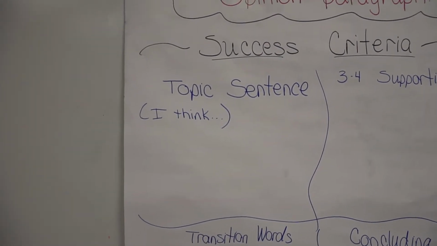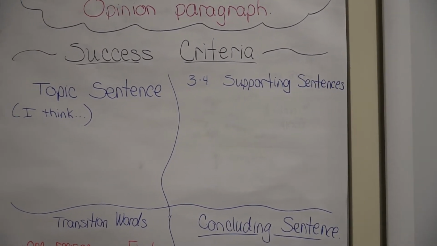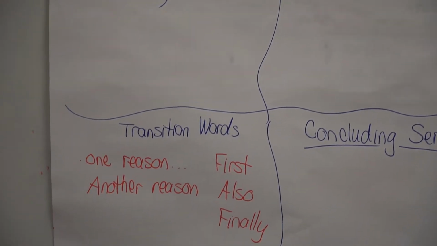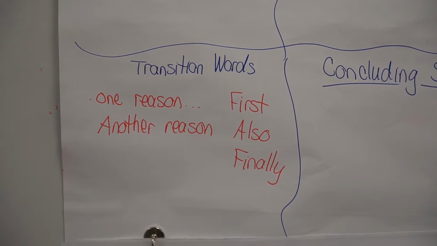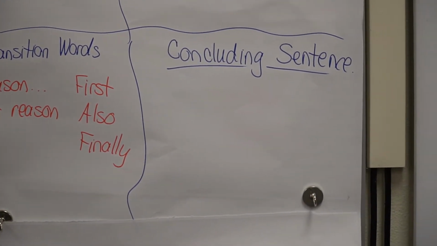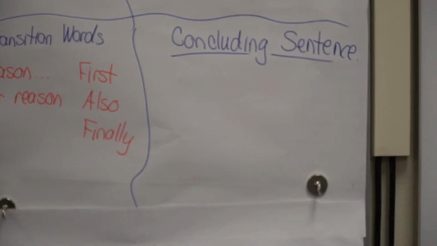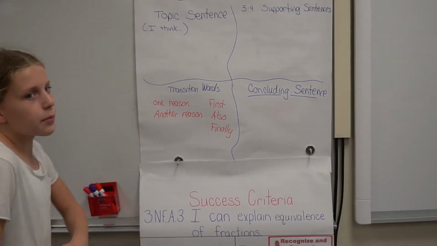And then the 3 to 4 supporting sentences help us when we are trying to support our opinion. And then the transition words help us when we're going to the next reason. And then for another reason first, also, and finally. And the concluding sentence wraps all of it up.